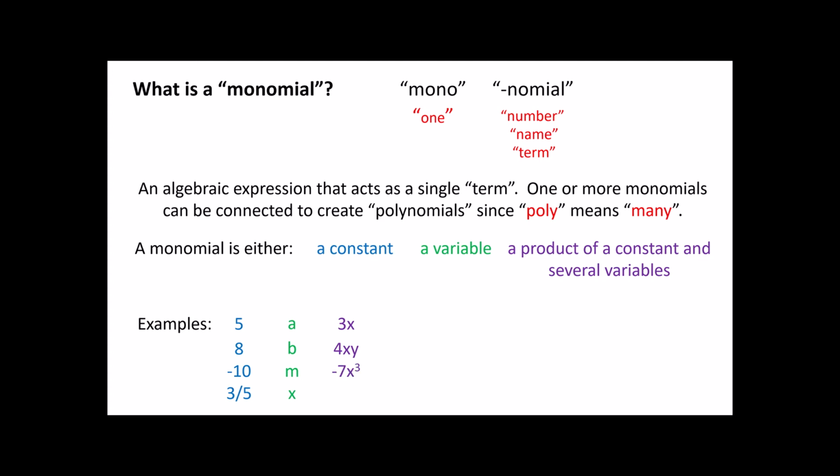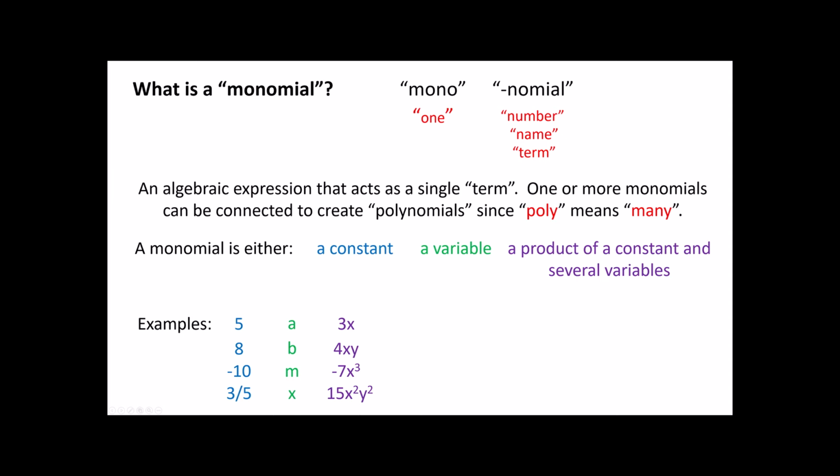Negative 7x cubed is a monomial because it's a negative 7 times an x times an x times an x. And 15x squared y squared is also a monomial because you have the constant 15 multiplied by an x times a y, which is of course just several variables.